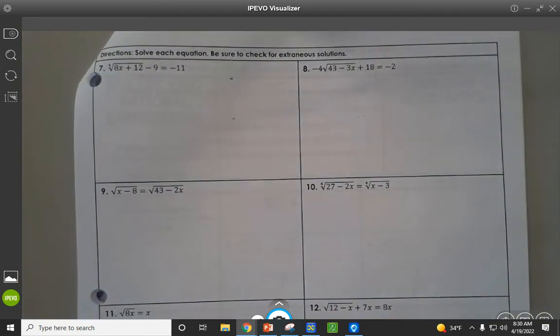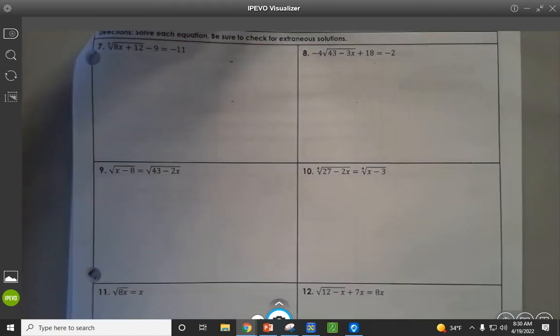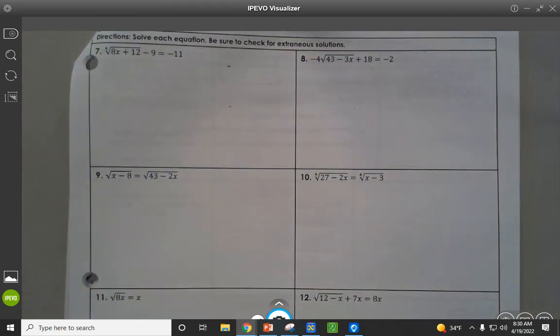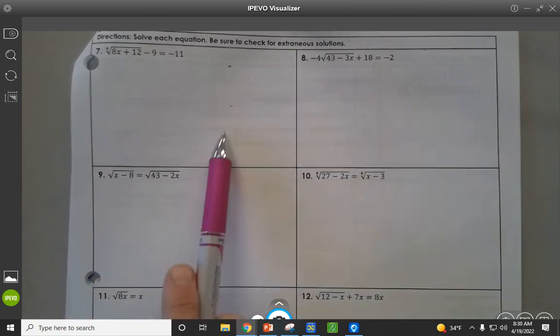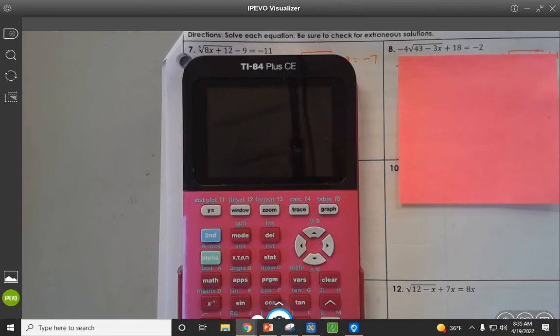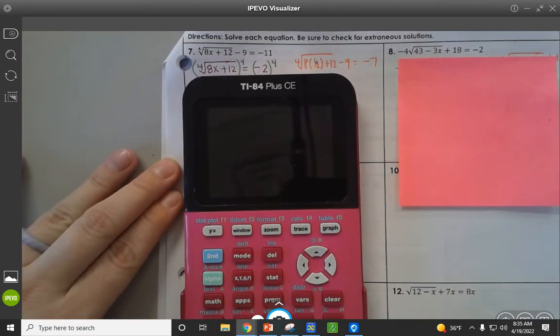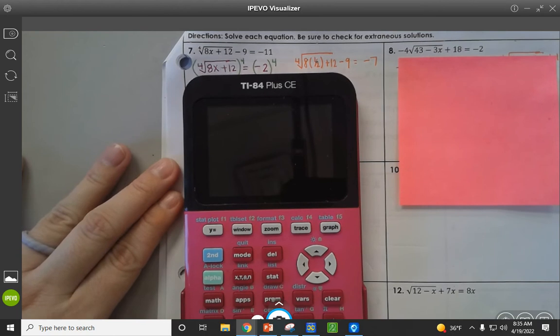All right, number 7, add 9 first, then raise to the 4th power, then subtract 12, divide by 8, and you get 1/2. But when we go to check it and we plug it back in, it gives us -7.